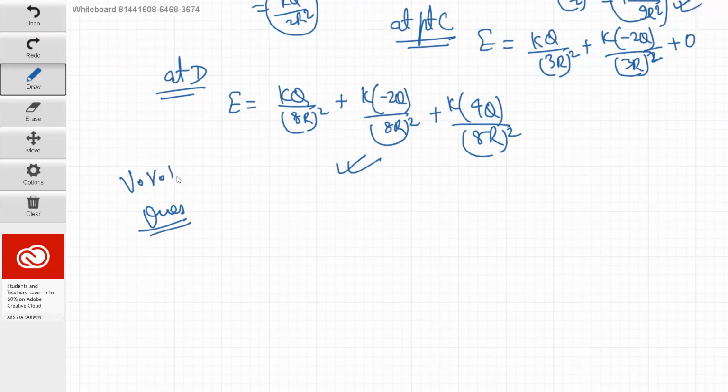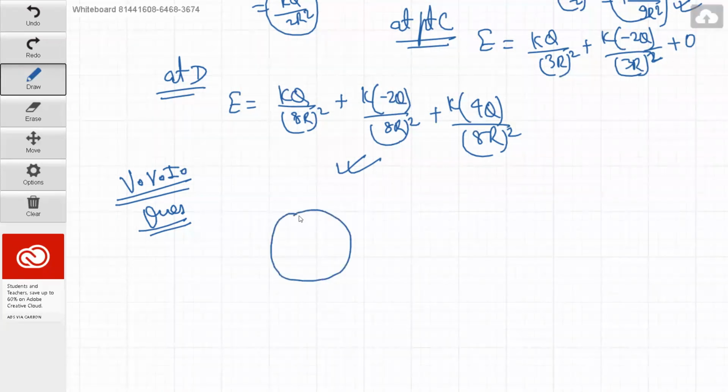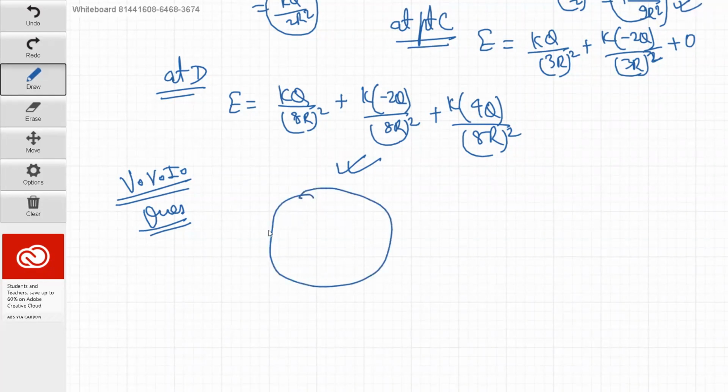This is a very, very important question. Very, very excellent question. How you will do it? Suppose this is the sphere. This is the solid sphere. And there is a cavity inside the solid sphere.